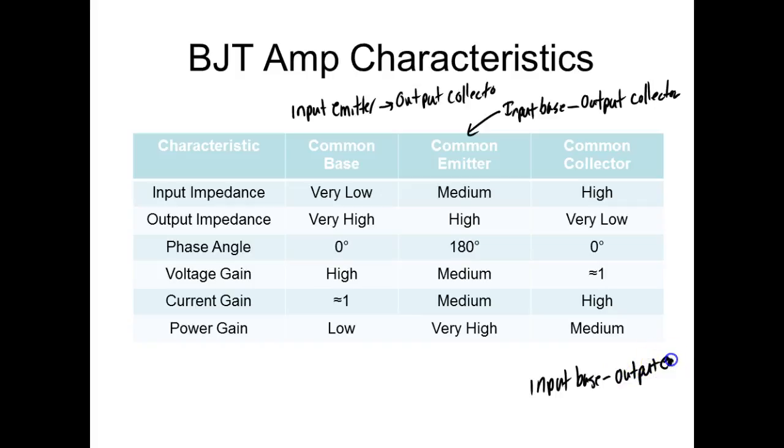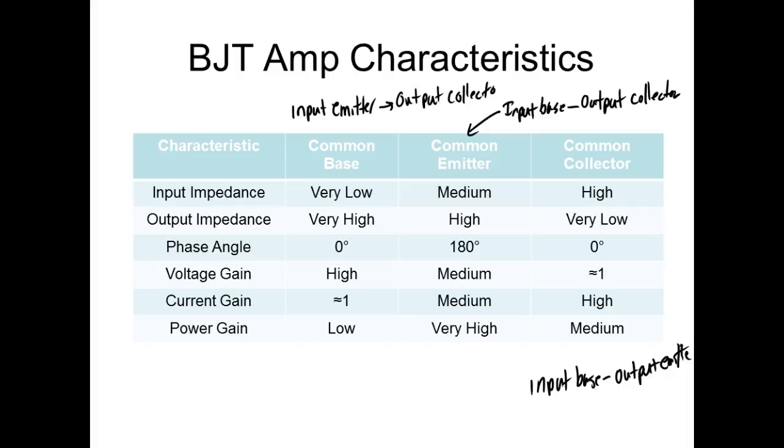And that's what I try to tell you: you don't input on what's common, and you don't output on what's common, right? So I look at an amplifier and see what we input on and what we output on, and then the other lead has to be common.